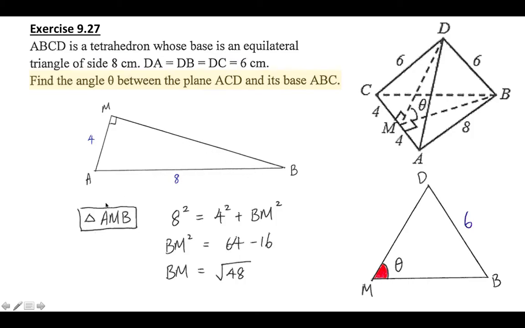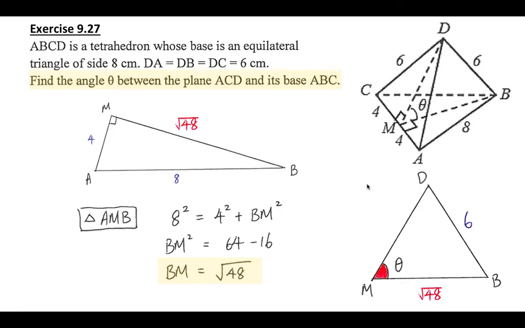Applying Pythagoras theorem to the triangle AMB, I have 8 squared equals 4 squared plus the unknown BM squared. Solving for BM, I have BM to be square root 48. So now I know BM is square root of 48 cm long. I'm going to transfer this over to the diagram on the right. So this length MB is square root of 48 cm.